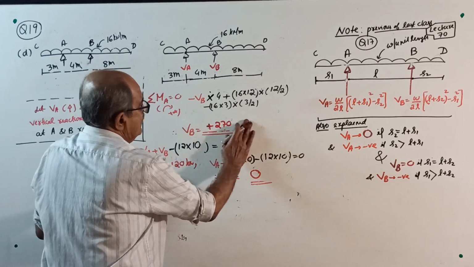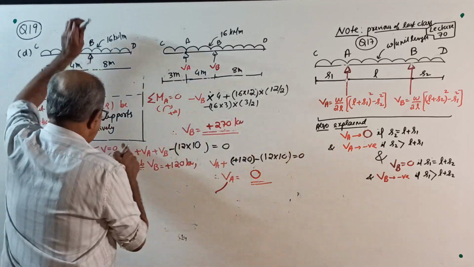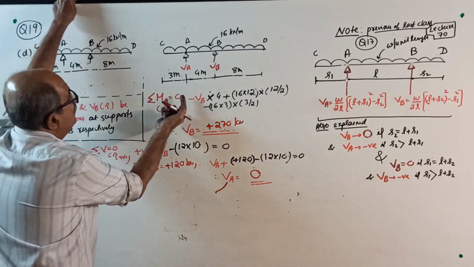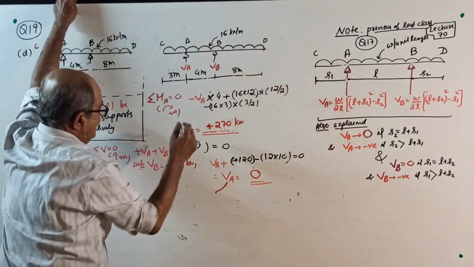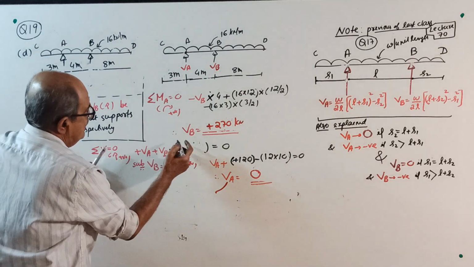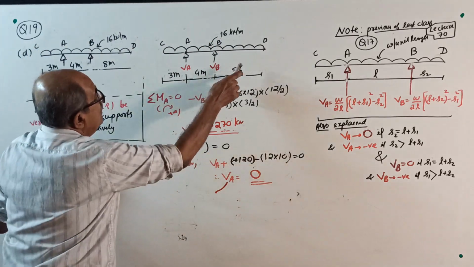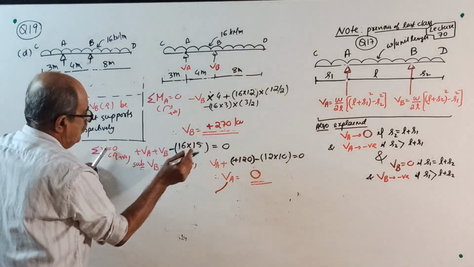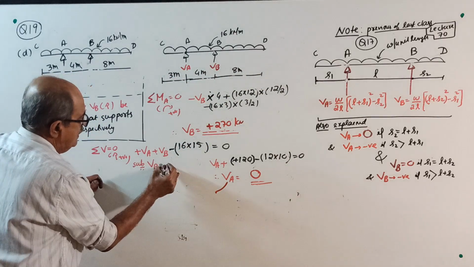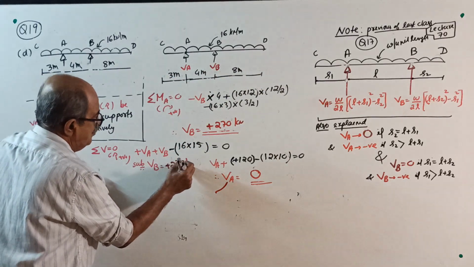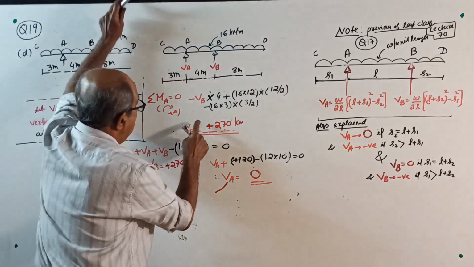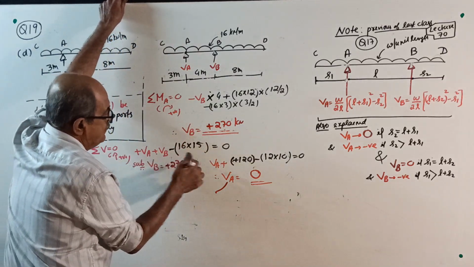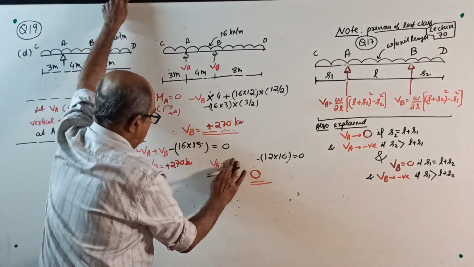Okay. Then sigma V equals 0, upward positive. VA plus VB minus 16 into 8 plus 4 is 12, plus 3 is 15, 16 into 15 equal to 0. Substitute VB, 270 kilonewton. VA plus VB is how much?